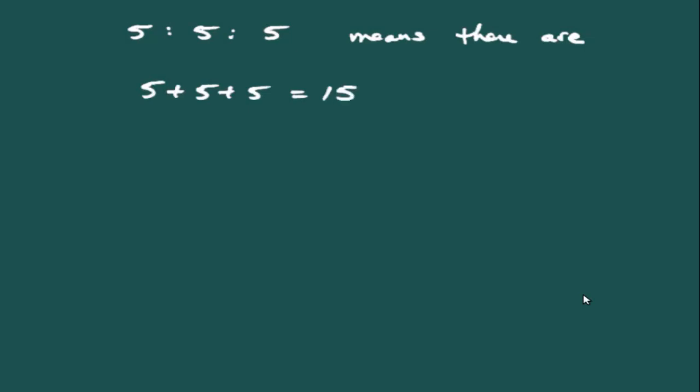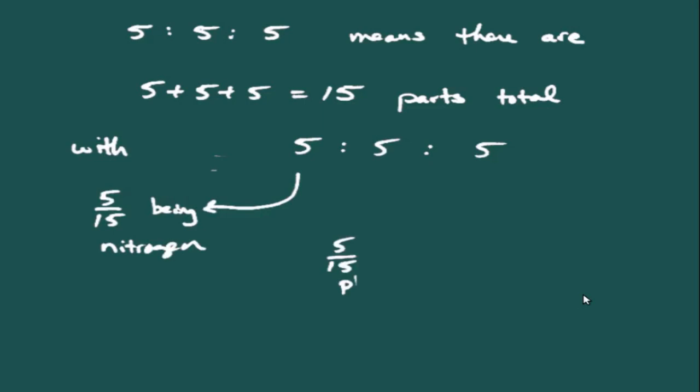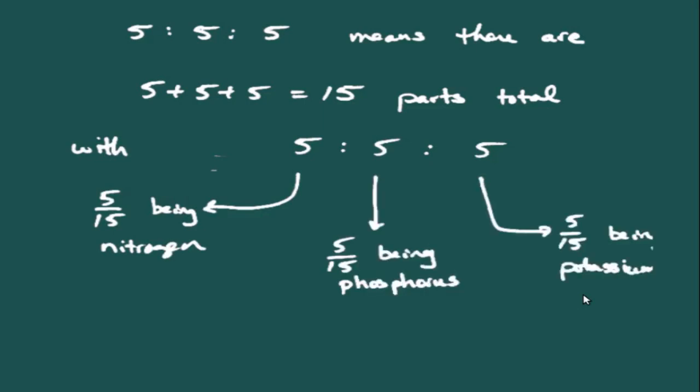Well, the 5 to 5 to 5 means that we have a total of 5 plus 5 plus 5, or 15 total parts. And so the 5 in the first position means that 5/15, or 1/3, of that fertilizer is nitrogen.